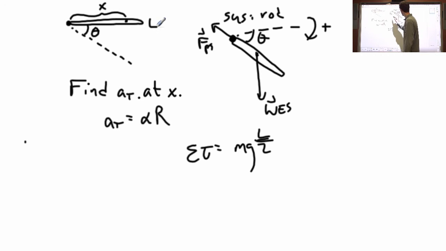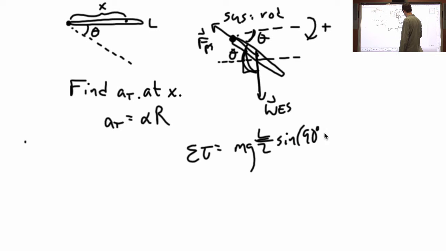So maybe I can draw a picture like this and say, if this guy's theta, that must be theta, and if this is theta, this is definitely also 90. Keep in mind, the r vector looks like this, the F vector looks like this, and so this right here is the angle between them. I'll say that's 90 plus theta, so I'll say sine of 90 degrees plus theta.